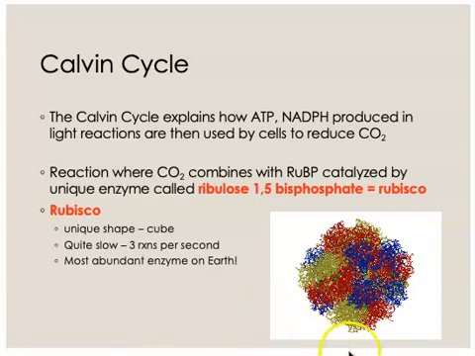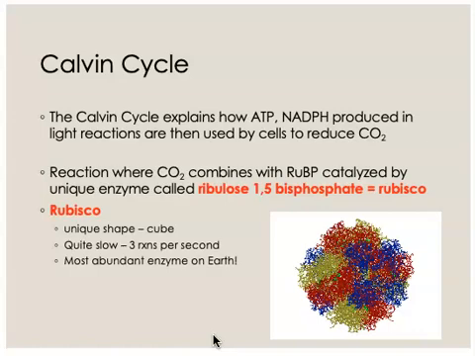On the slide down at the bottom, you can see a depiction of the three-dimensional structure of Rubisco. It shows us that, like many enzymes, Rubisco is enormous. It's an enormous protein. The other thing that you can't really tell from this depiction, but we know from other studies, is that Rubisco actually has a cube shape. It literally has the shape of a cube.